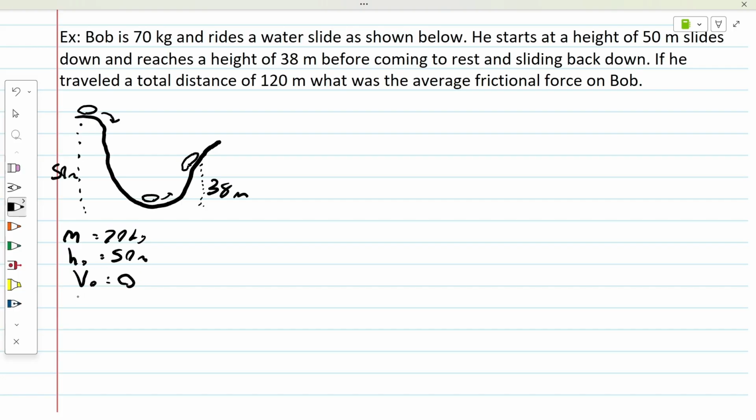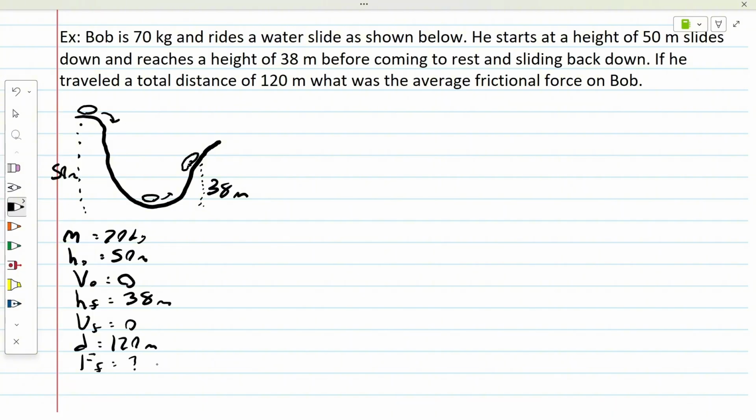And so his final height is this 38 meters, which is less than his initial height. His final velocity is also going to be 0 because he hits a point of rest before he starts coming back down. And then we know the total distance that he traveled is 120 meters. We want to know the frictional force.